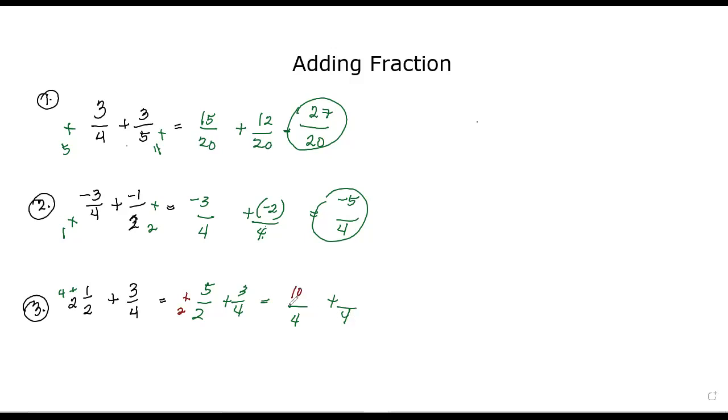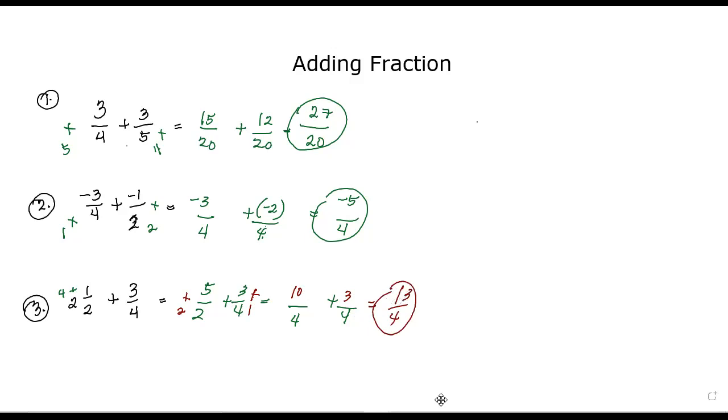Okay, so 4 divided by 4 is 1. 1 times 3 is equal to 3. So 10 plus 3 is equal to 13 over 4. So this is now the final answer.